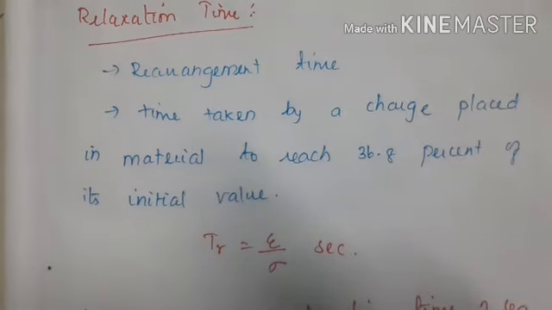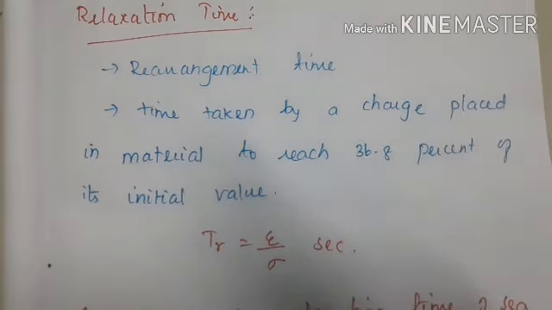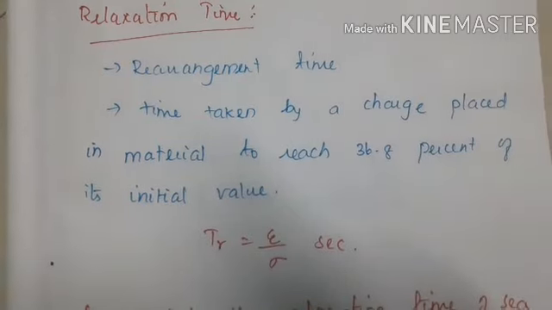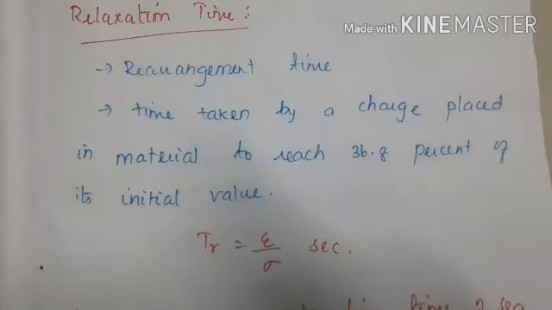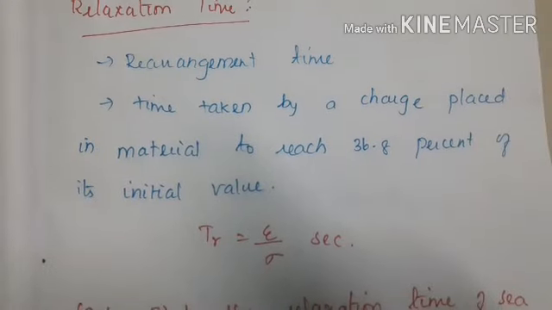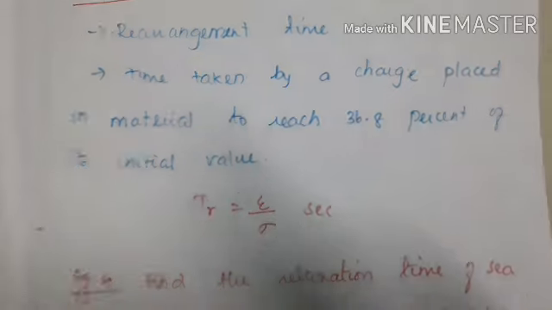Epsilon is epsilon naught into epsilon r, where epsilon naught is the free space permittivity and epsilon r is the relative permittivity. So epsilon is equal to epsilon naught into epsilon r. Sigma is the conductivity, right?